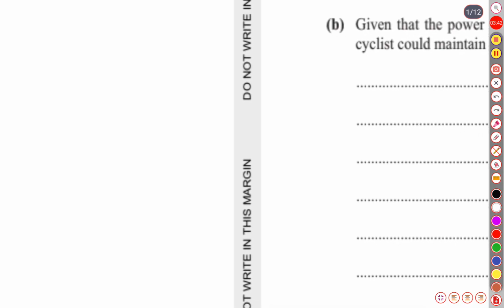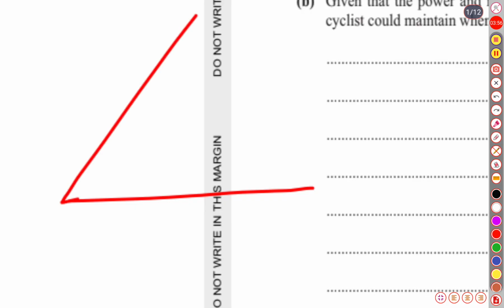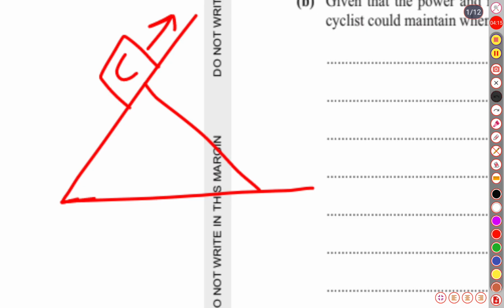Okay, let me draw the diagram. Suppose this is the horizontal line and the hill is inclined at 2 degrees here, and the cyclist is over here. He is moving upward along the hill. Then the normal reaction will act like this. This is the normal reaction, and weight is trying to pull him vertically downward.